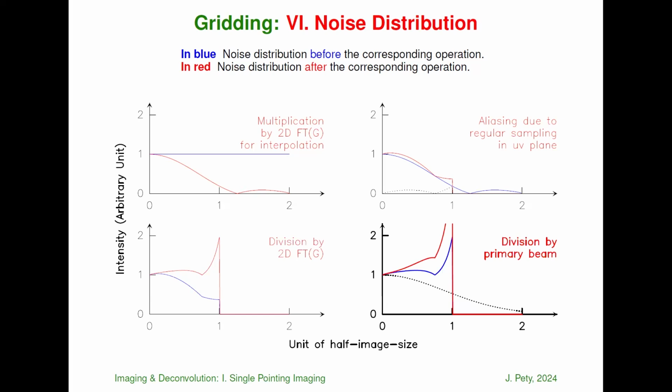Okay. And you're going from the blue curve to the red curve here by dividing by something that is going to 0. You are increasing even more the noise at the edges. You're increasing the noise so much, in fact, that in general, when we are doing the primary beam corrections, we're cutting out the field of view. We will see this more.